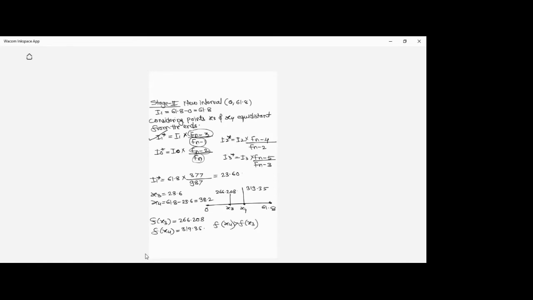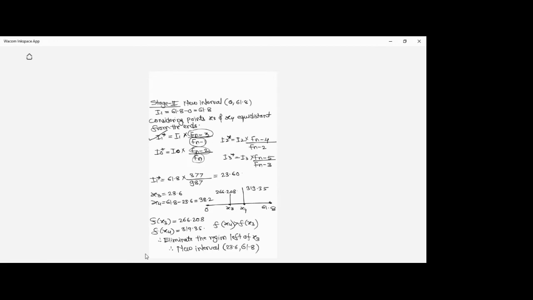So which region is to be eliminated? Therefore, eliminate the region left of x3. Therefore, the new interval that we are going to get will be what? The x3 point is 23.6, and lastly it is 61.8.